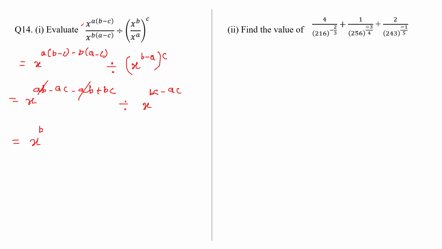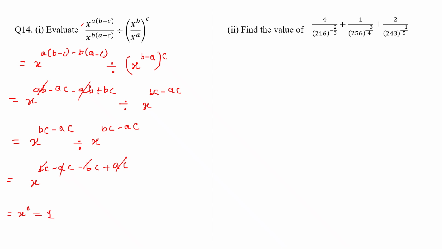So x to the power, I'm just rearranging it, bc minus ac divided by x to the power bc minus ac. Again you can see same base and it's a division. So we have to subtract the power. Anyway we can see both are same, isn't it? bc minus ac minus bc plus ac. Everything will get cancelled and you will get x to the power 0 which is 1.